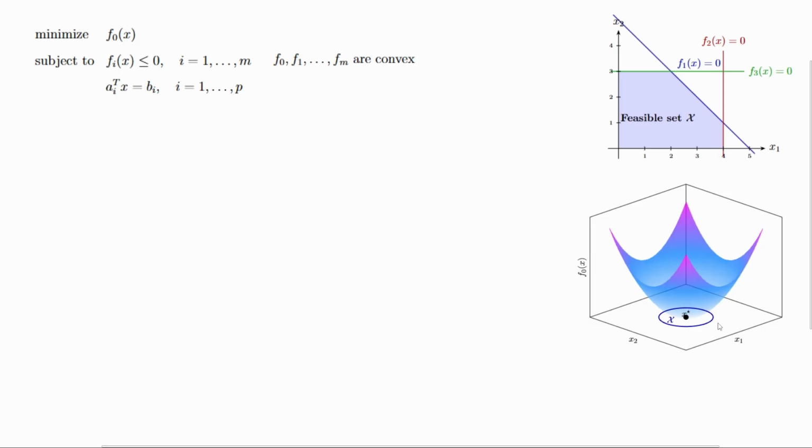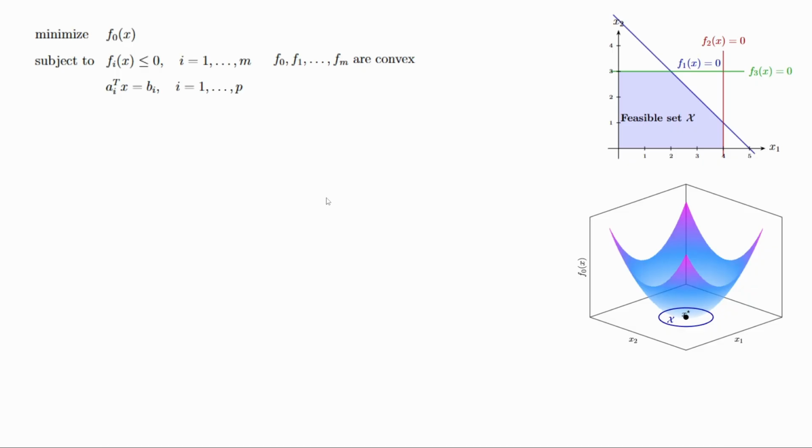It sort of spreads out evenly, as you can see from this shape here. And the optimal value is the value of x which minimizes this objective function. But notice the significance of what we just talked about. This bowl shape has to be convex, and the objective is also convex itself.